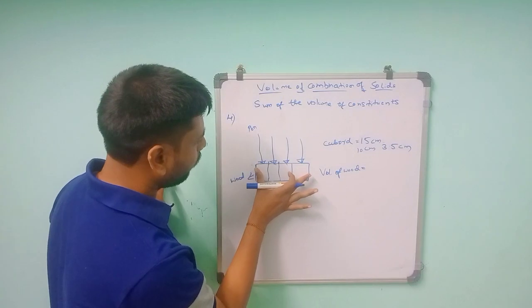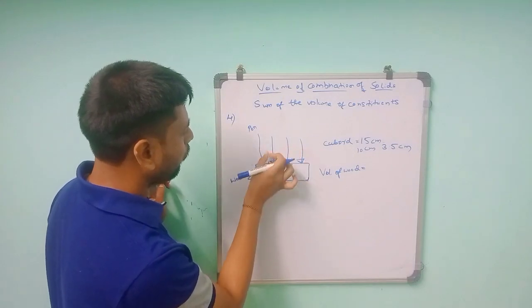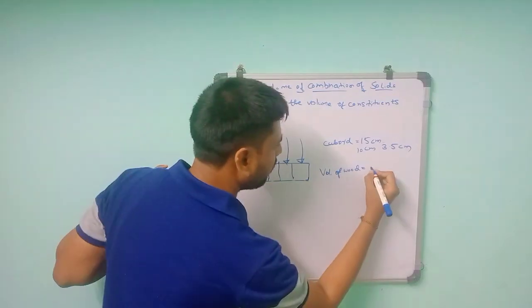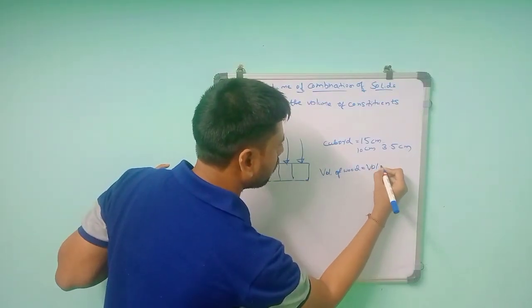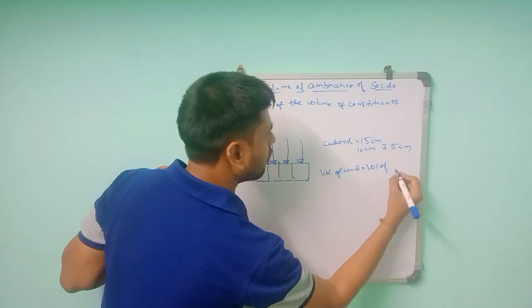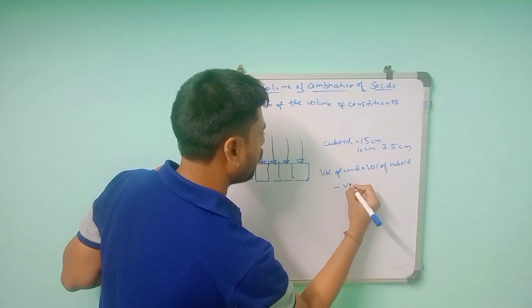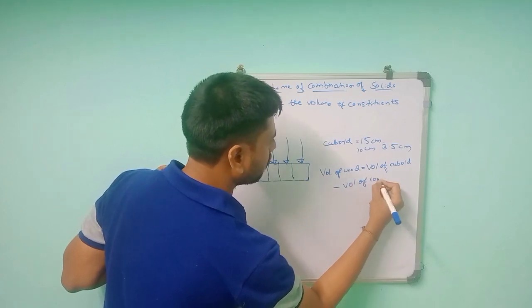we have to find only this one, but it includes the cone depressions and also the stand. So the volume of wood will be the volume of the cuboid minus the volume of the cones.